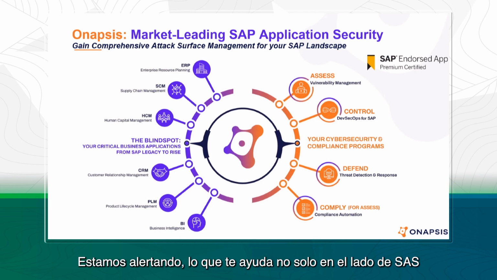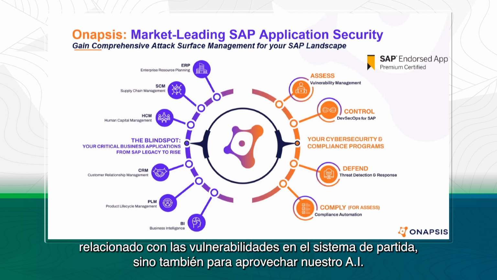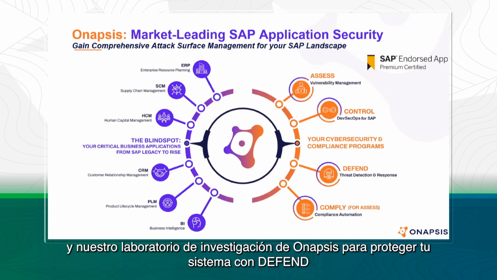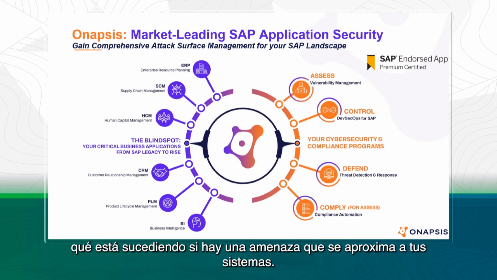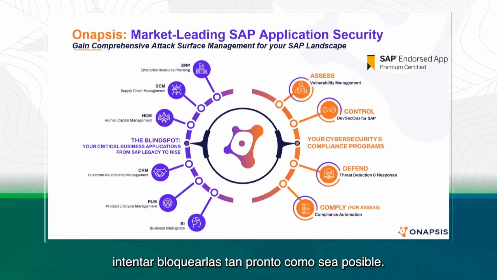That's helping you not only on the Assess side, on vulnerability management, to patch your system, but also to make use of our AI and our Onapsis Research Lab to protect your system with Defend. You have control of what your users are doing, and what is happening if a threat is coming to your systems. It tries to block them as soon as possible. Identifying them is critical. Reading the logs is critical.